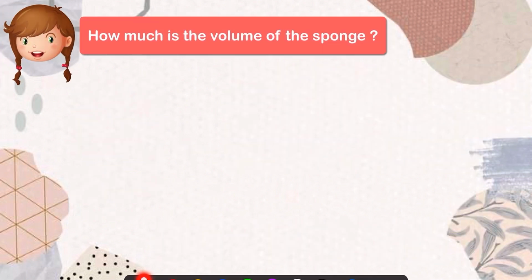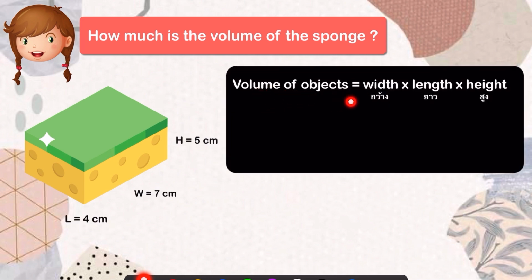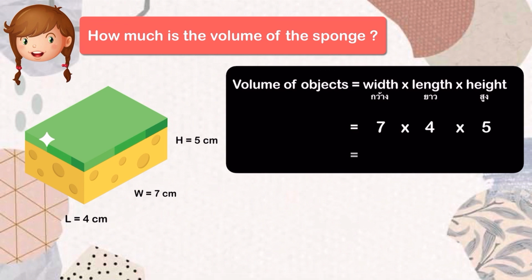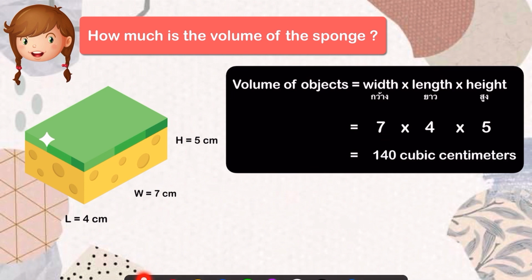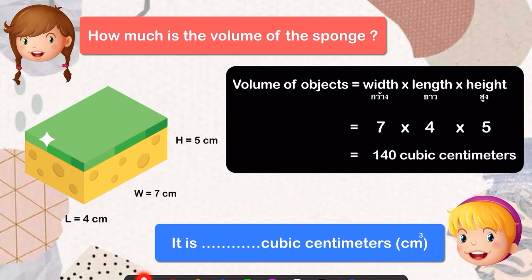The last one. How much is the volume of the sponge? Volume of objects equals width times length times height. Width is 7, length is 4, and height is 5. Then you multiply them together and you will get 140 cubic centimeters. It is 140 cubic centimeters.